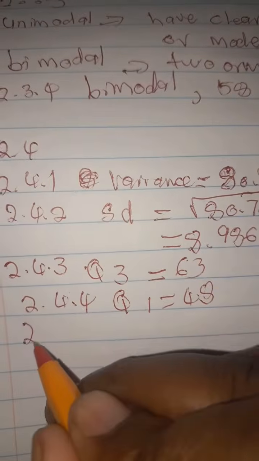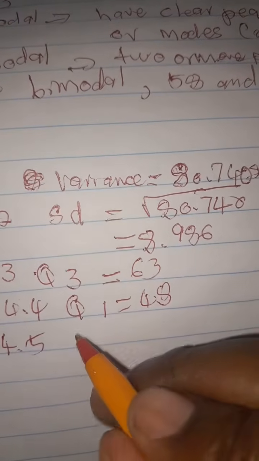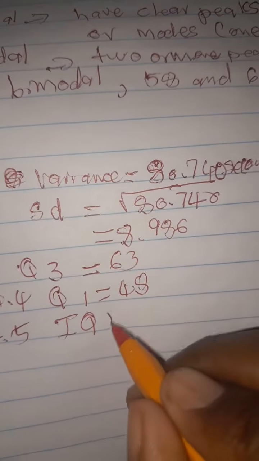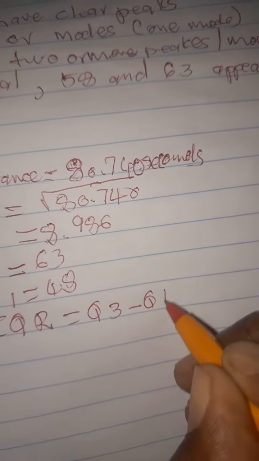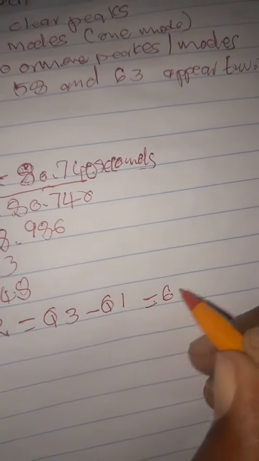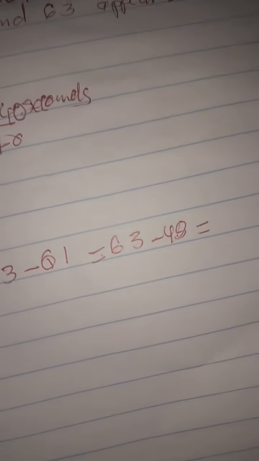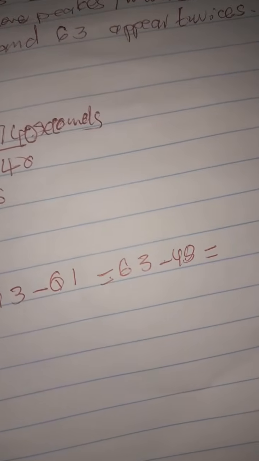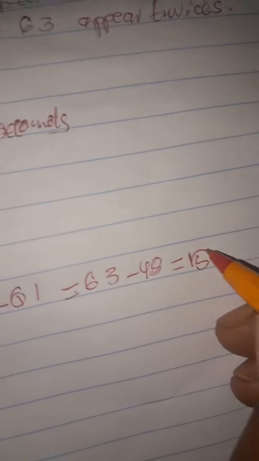The interquartile range, IQR, is the difference between the upper quartile and the lower quartile. So it's going to be 63 minus 48. That will be 15.